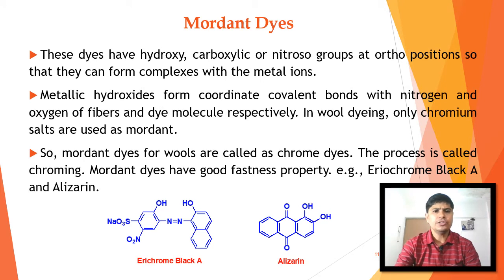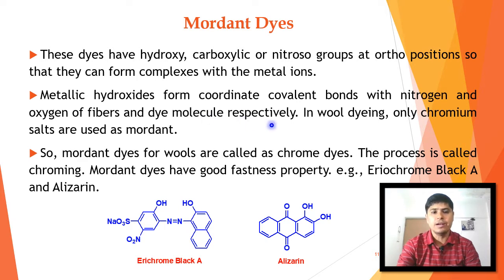In continuation of mordant dyes, these dyes have hydroxy, carboxylic or nitroso groups at the ortho position so that they can form complexes with metal ions very easily. Metallic hydroxides form coordinate covalent bonds with the nitrogen and oxygen of the fiber and the dye molecule respectively.